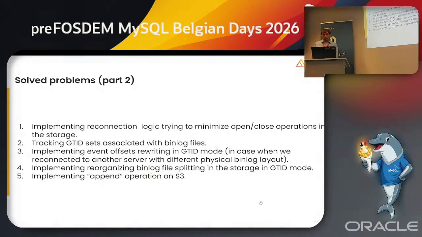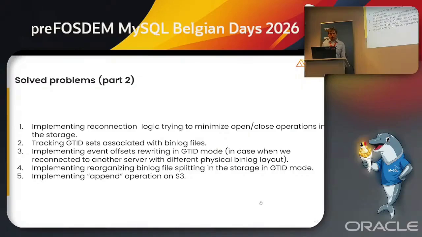Reconnection logic, with the simple goal to minimize open-close operations for our storage. Because even to initialize an operation on S3, you need to at least read the content of the S3 bucket virtual path, do some analysis of files there, probably read metadata.